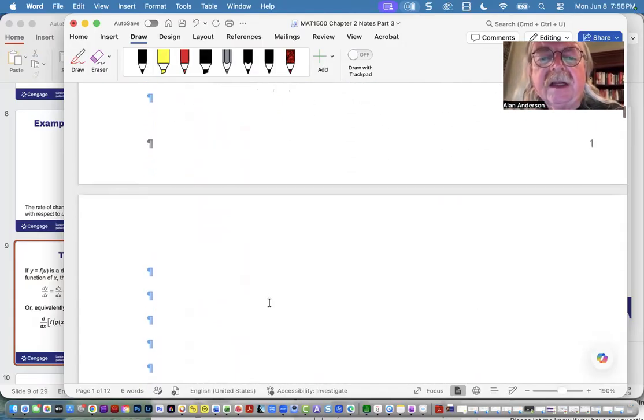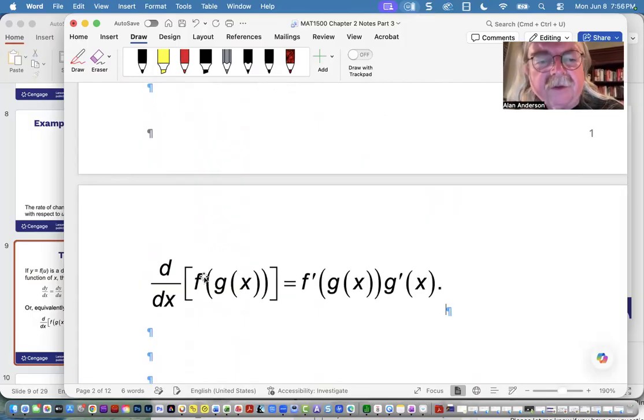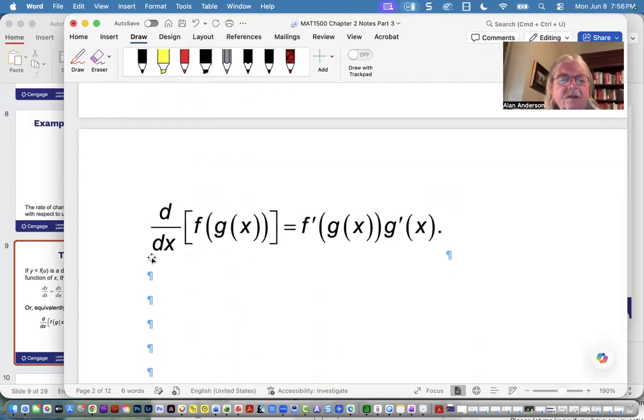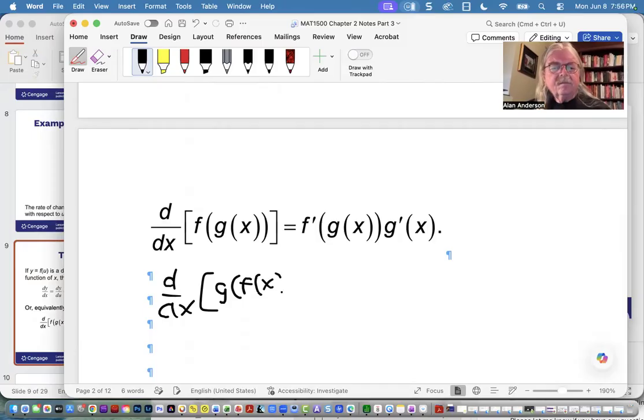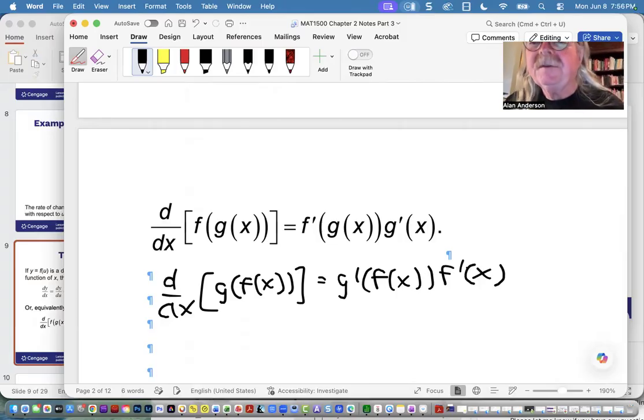And I would like to point out that we can apply it in a couple of different ways. We also could find the derivative of g of f of x, and that would be g prime of f of x times f prime of x, as you would imagine.